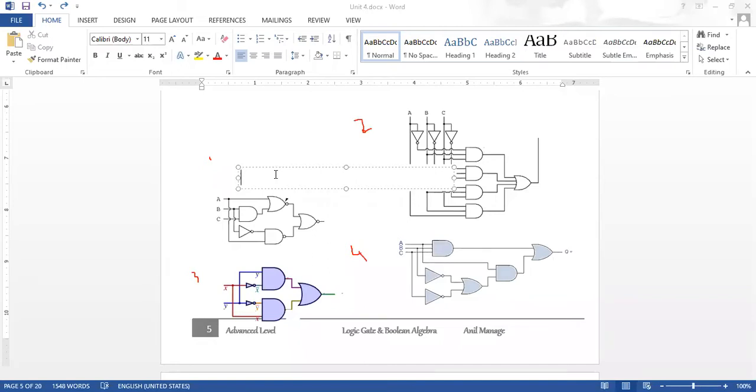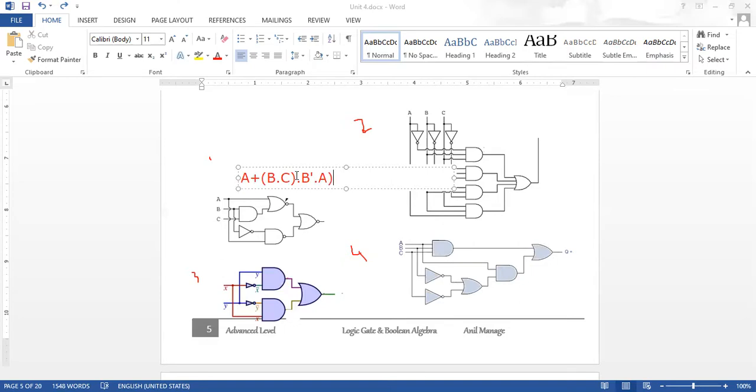So here you can write A plus, here you are getting B dot C. I will put it within bracket, B dot C. Then again I will write B dash. Here you are getting B dash and A dot A. So that is with a NAND gate.